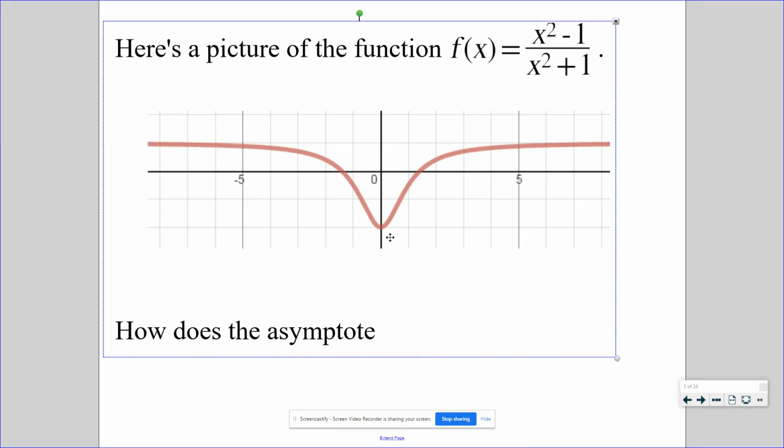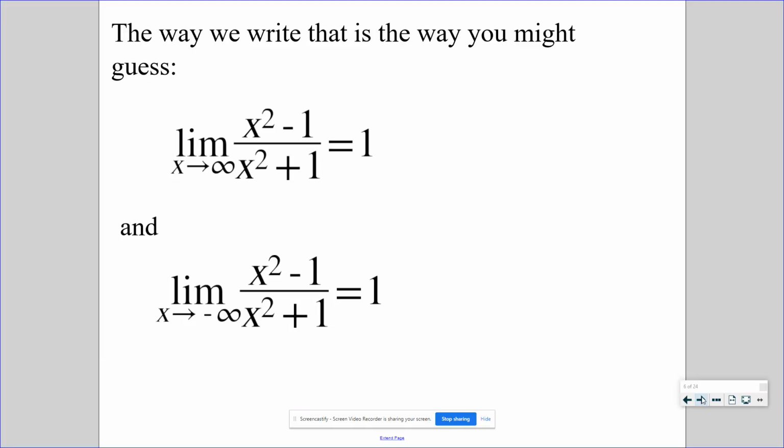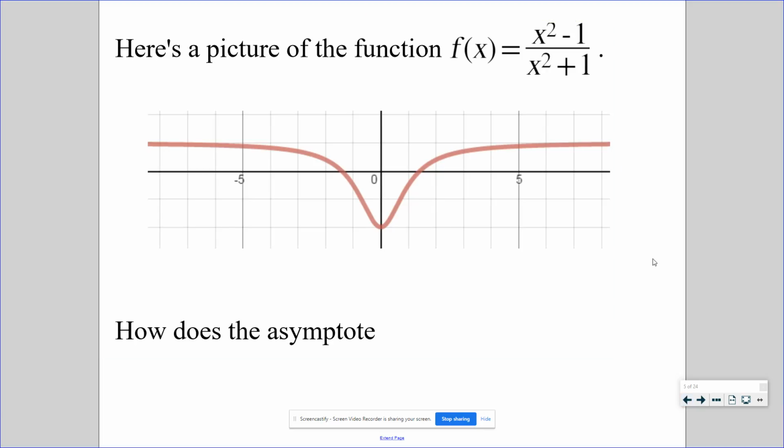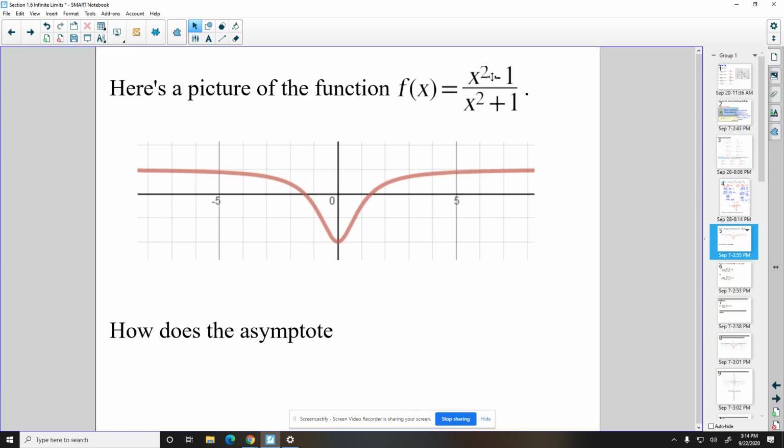Here is a picture of the function. Hold on a second, I think I skipped a slide. Here's a picture of the function x squared minus 1 over x squared plus 1. When you look at this, hopefully you see that there is an asymptote occurring, but it's not like a normal one.